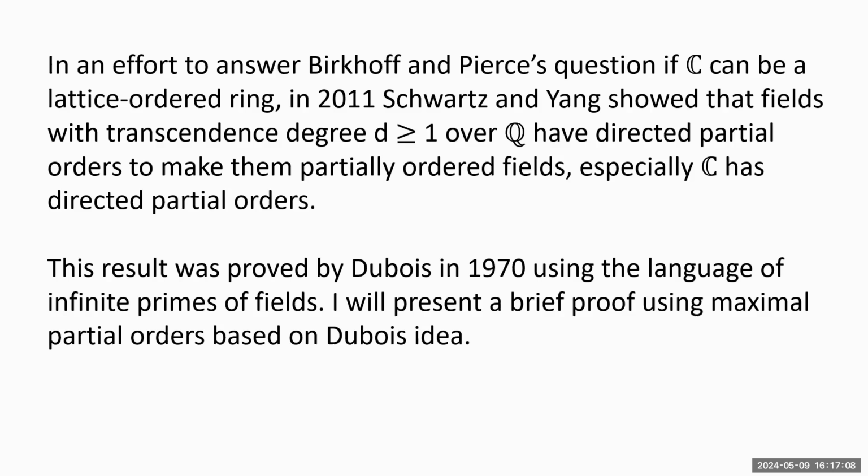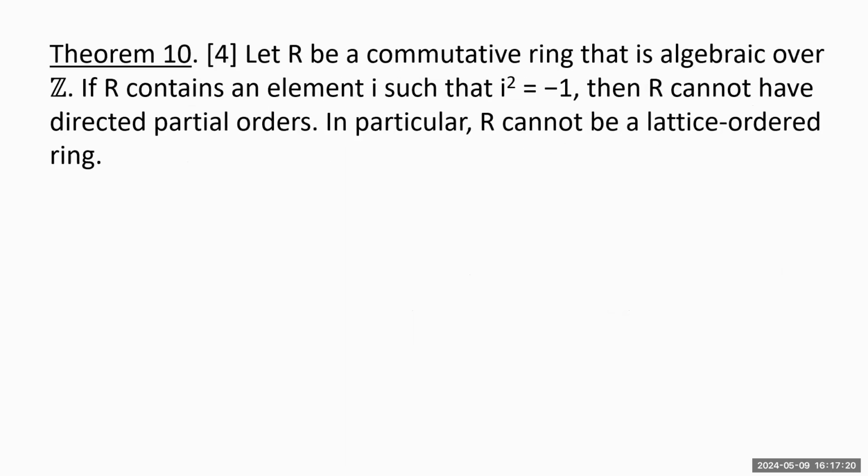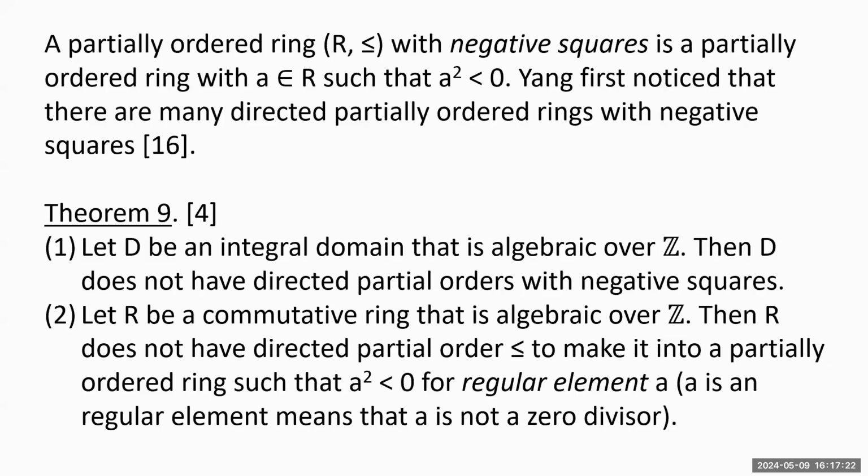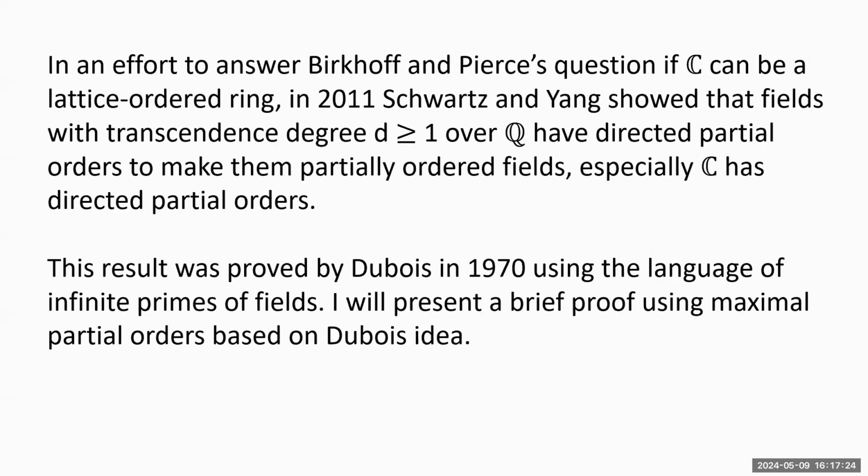For any field, when the transcendence degree is bigger than or equal to 1, then we'll have a derivative partial order to make them partial order fields. Especially C has derivative partial orders. So now we know C has derivative partial orders, but still we don't know if C has lattice orders or not.